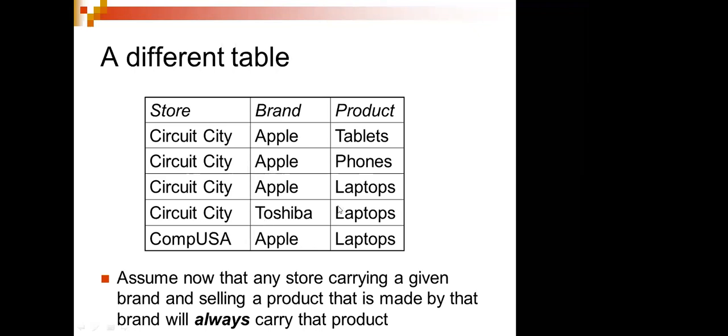Now I'll be assuming any store carrying a given brand and selling the product that is made by the brand will always carry that product. If you do it like this, what happens? Instead of doing the previous one, all phones are at the same place, tablets at one place, laptops at one place. Though the brand is the same and the stores are the same, here we don't have that kind of problem.